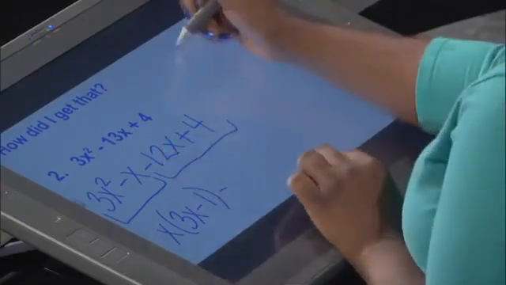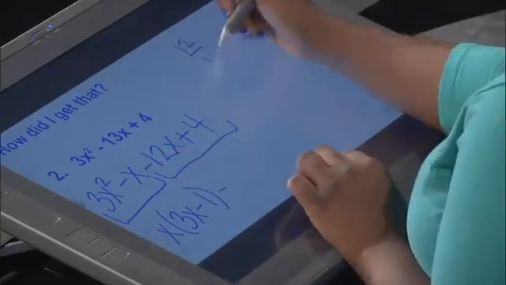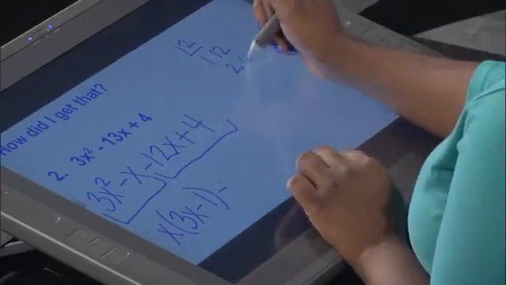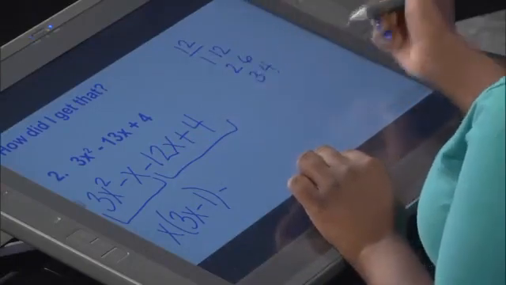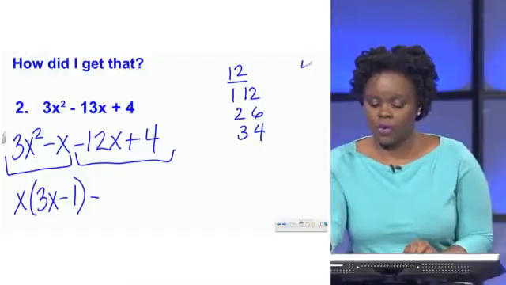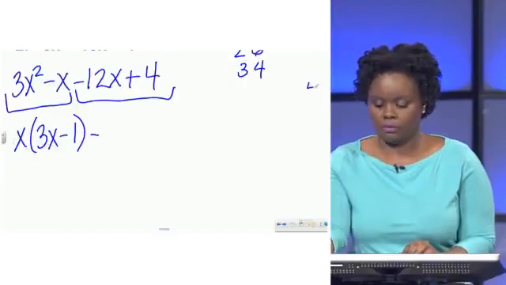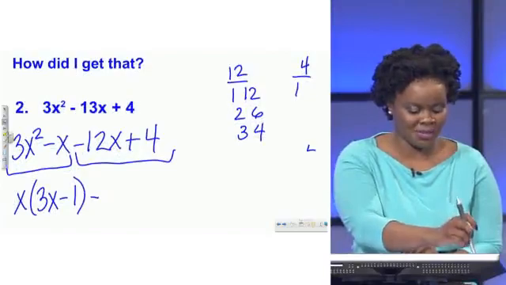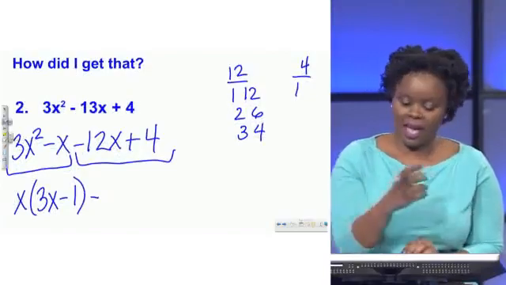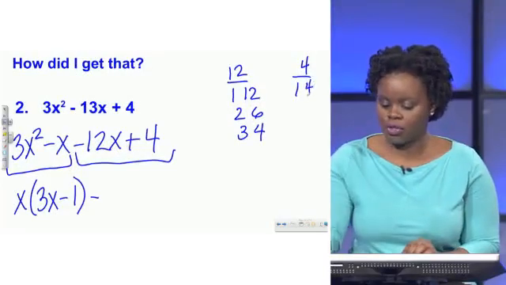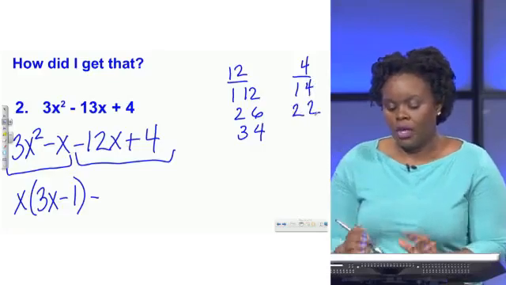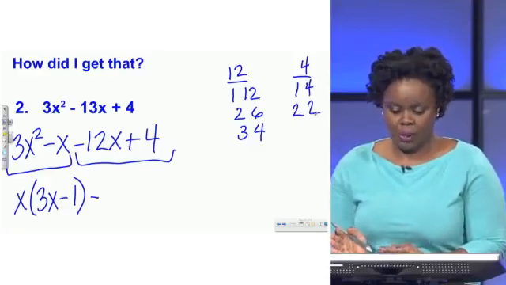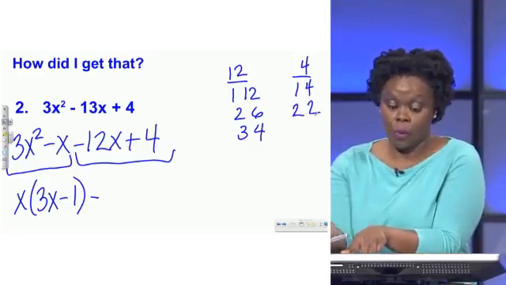I know as far as 12 goes, I've got 1 and 12, 2 and 6, 3 and 4. And as far as 4 goes, I've got 1 and 4, 2 and 2. So the greatest common factor between these numbers is 4.